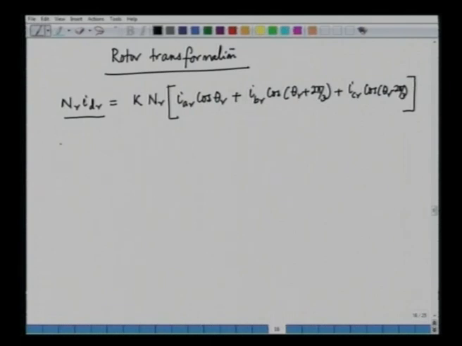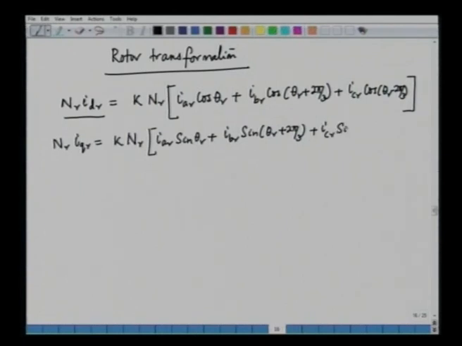Similarly, in the Q axis, some constant k NR IAR sin theta r. Here the cos will be replaced by sin, IBR sin of theta r plus 2 pi by 3, plus ICR sin of theta r minus of 2 pi by 3.